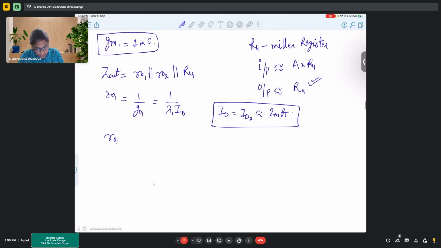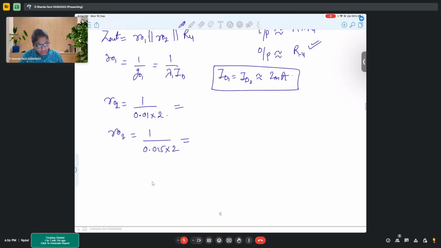If we consider that, it is like 2.22 milliamps, very small. So anyways, this would be 0.01 into 2, and R naught 2 is 1 upon 0.015 into 2. So what is the value of R naught 1 and R naught 2?